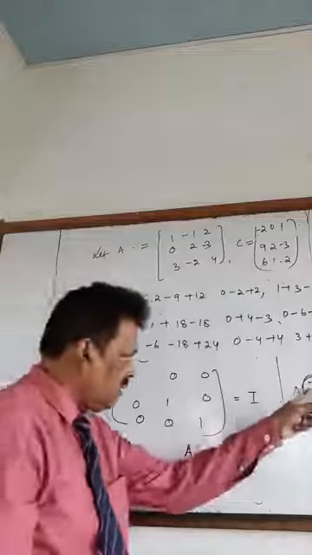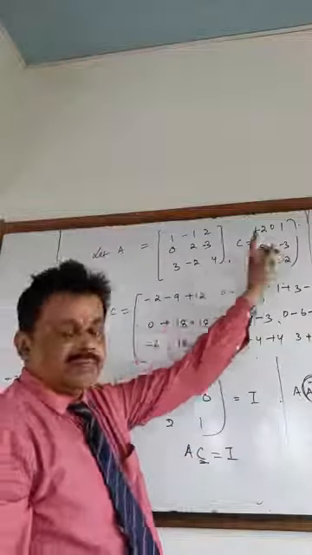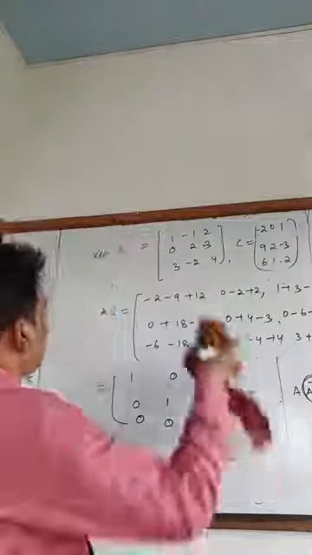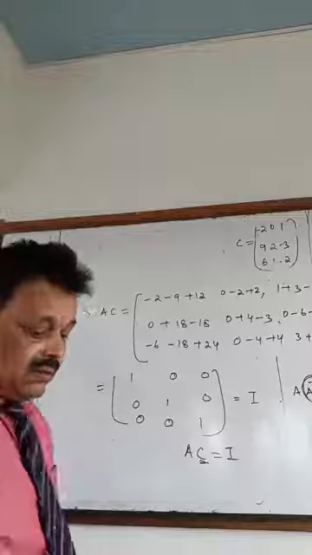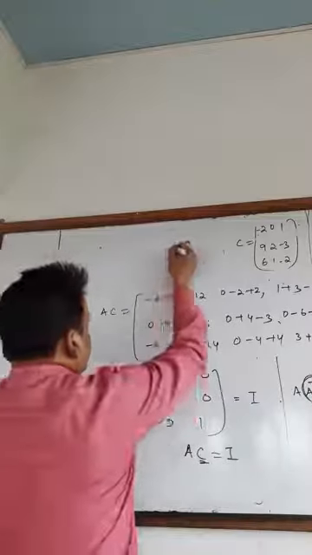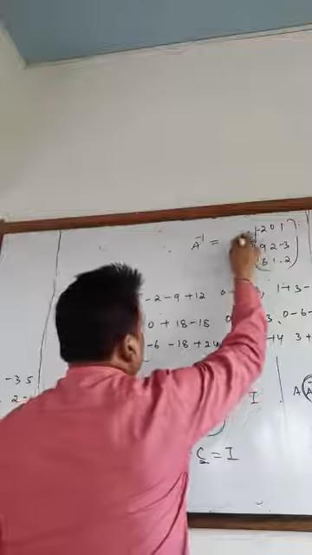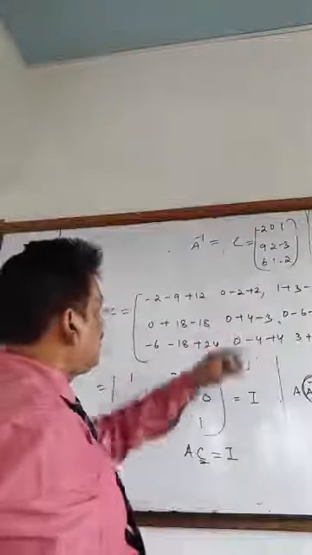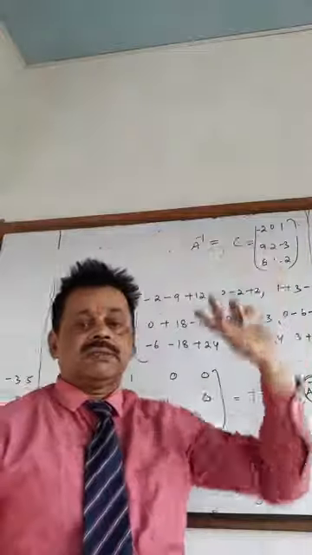That means your A inverse equals C. C means this one. Therefore A inverse equals C, which is this. That means directly you got your A inverse, no need to find the cofactors.